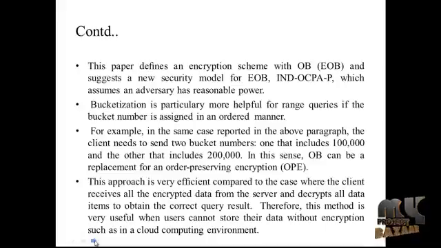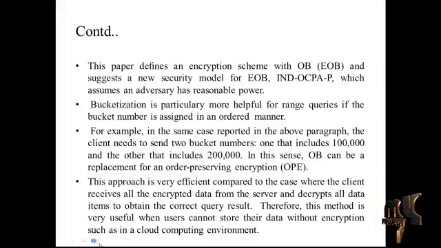Bucketization is particularly helpful for range queries if the bucket number is assigned an ordered number. For example, in the same case as above, the client needs to send two bucket numbers, one that includes 100,000 and the other that includes 200,000. In this sense, OB can be a replacement for order preserving encryption, called OPE.